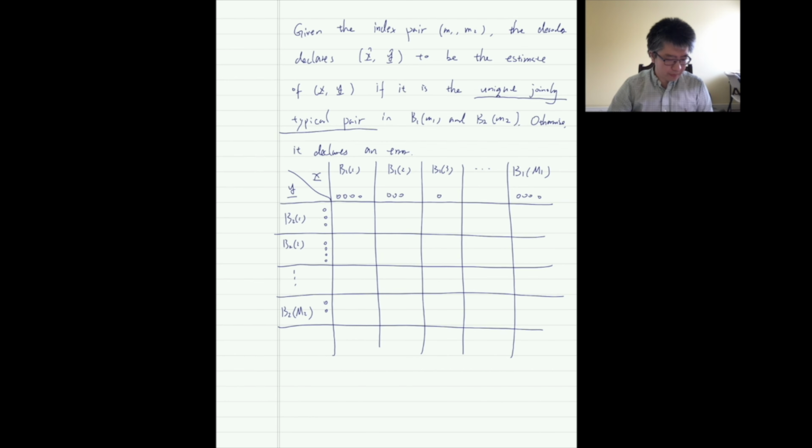And now let's say, when we receive the symbol, we can see that if only for x, maybe those black dots are in the typical set of x, right? Maybe the black dots here are in the typical set of y, for example.